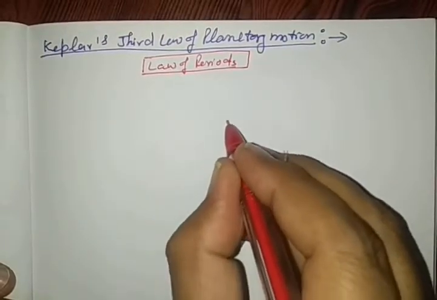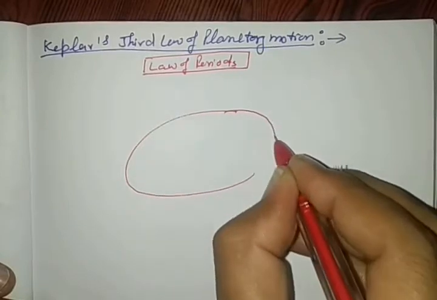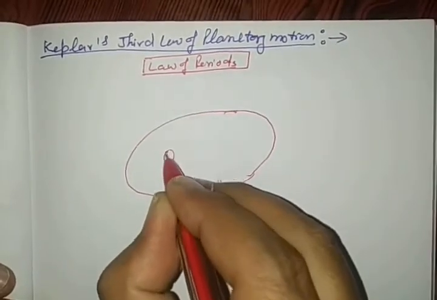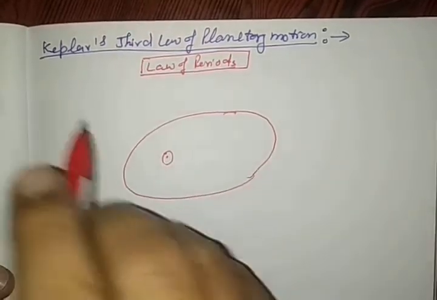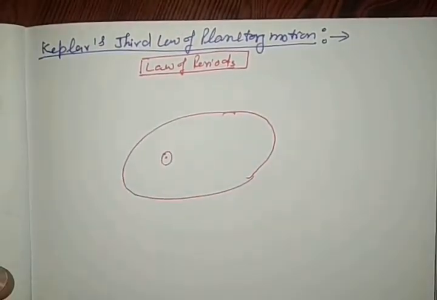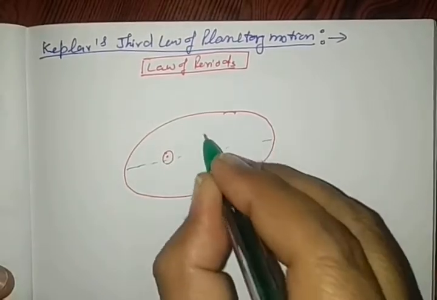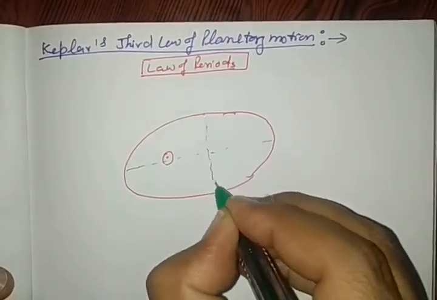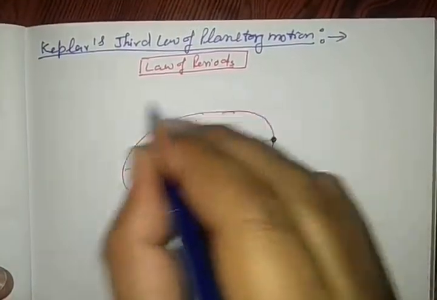See, since planets revolve in an elliptical path around the sun, right? We have taken the semi-major axis and minor axis, right? The planet revolves around the sun in this path.